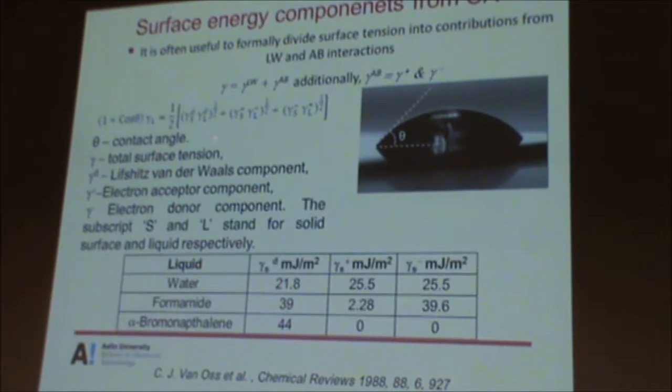You solve these 3 simultaneous equations and you get the 3 variables, which are gamma S D for the van der Waals component, the electron acceptor component, and the electron donor component.